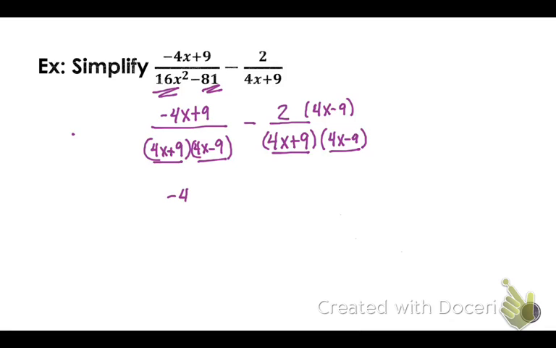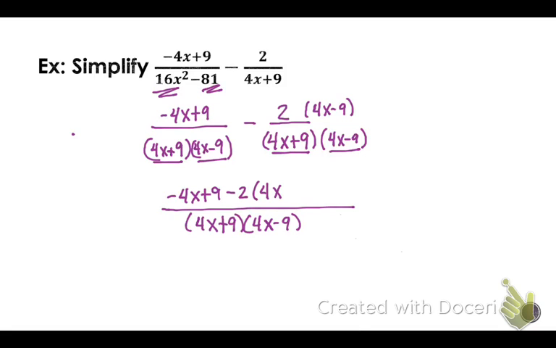So I have negative 4x plus 9. Remember, I'm going to add or subtract the tops and keep the common denominator. And then this is minus 2 times 4x minus 9. Remember, I need to take this negative 2 and distribute it to everything in that parenthesis.